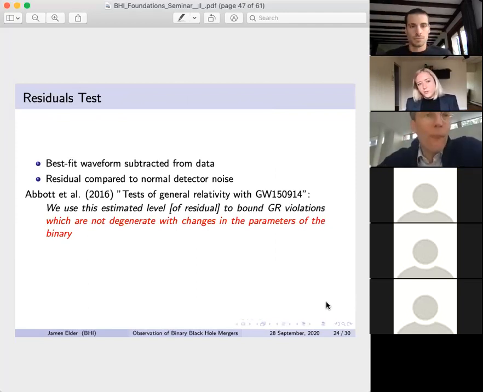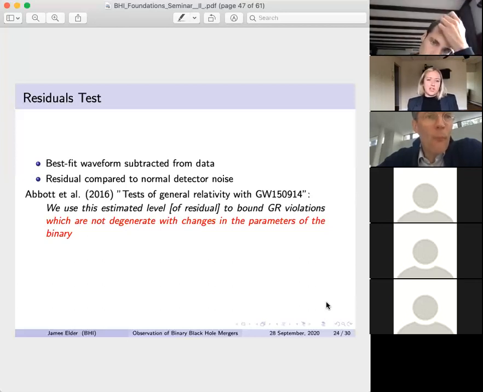And so what they then say is that we use this estimated level to bound general relativity violations, which are not degenerate with changes in the parameters of the binary. So this is of course significant because what they're doing here is ensuring that they've completely extracted a signal, and that means that they have properly extracted all of the signal.